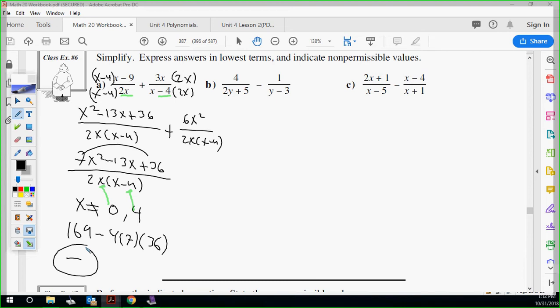All right, so here we go. This one, now you see we have to do binomial, binomial. They gave you nice tops, though. So when we do that, we get 4y minus 12 on the top there. Remember, don't FOIL the bottom out.